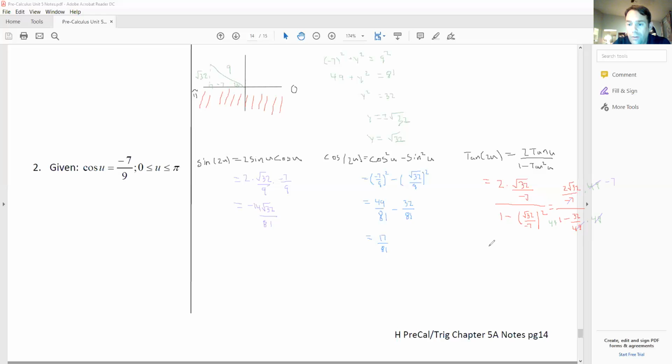So all together then, friends, I end up with negative 14 root 32 over 49 minus 32. And lo and behold, friends, there's the answer we said we were going to have. Negative 14 root 32 over 17.